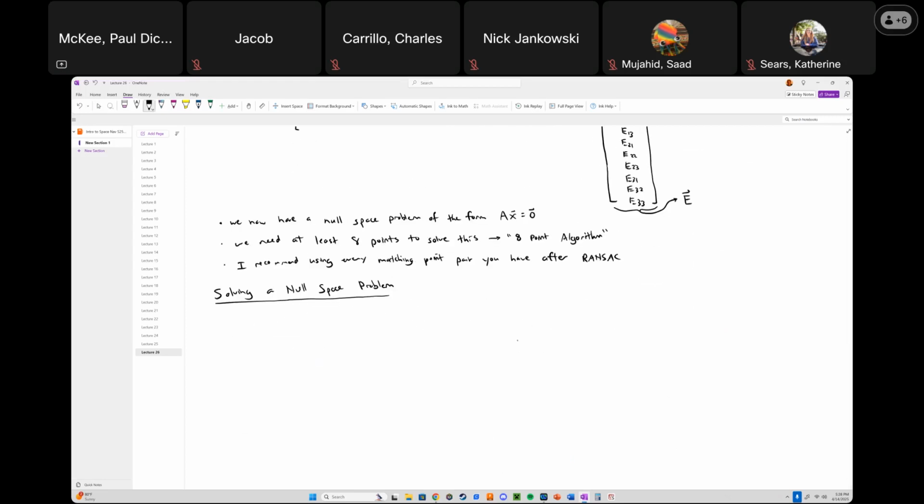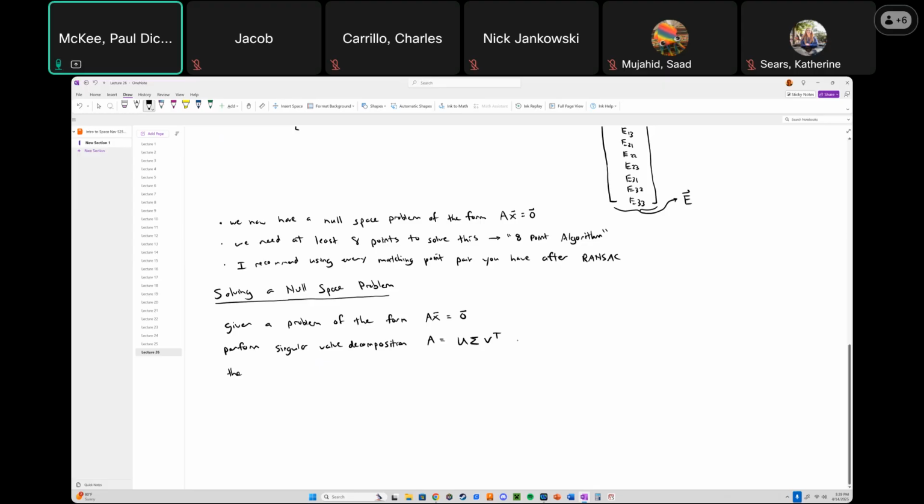So given a problem of the form AX equals a vector of zeros, perform singular value decomposition, A is equal to U sigma V transpose.